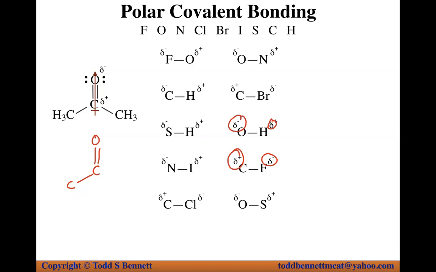And in the next structure, I want you to make some prediction about its dipole moment. And a D is called a Debye. It's just a random unit of polarity. So the bigger the D, the more polar it is. Nitrogen is more electronegative than hydrogen. So this one's going to pull this way, and this way, and they're all going to add up to an overall dipole like that.